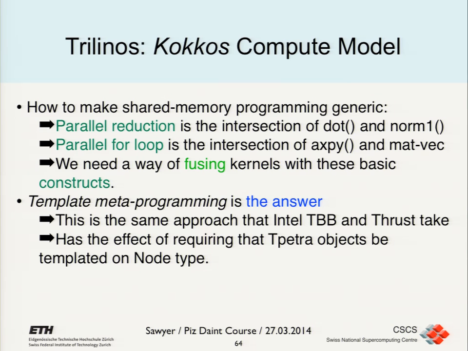And for a parallel loop, think of an AXPY operation to add two vectors together. And then you need a way to fuse kernels, which are built up of these basic building blocks, to build higher level operators. So template metaprogramming, I've mentioned that before, from Thrust. That's the way it's all implemented.